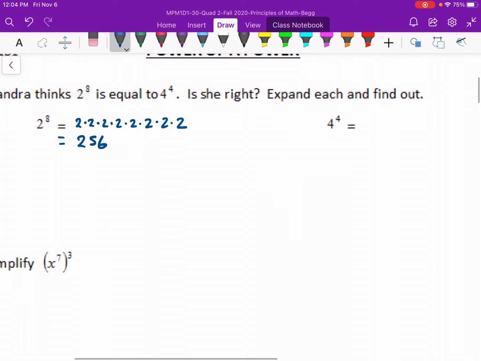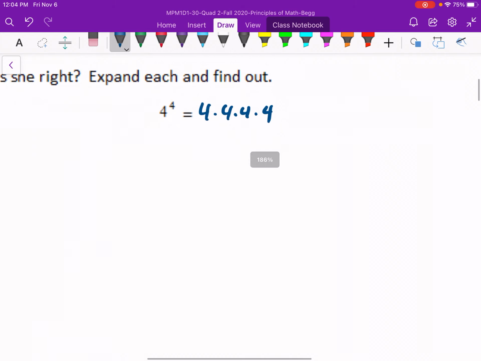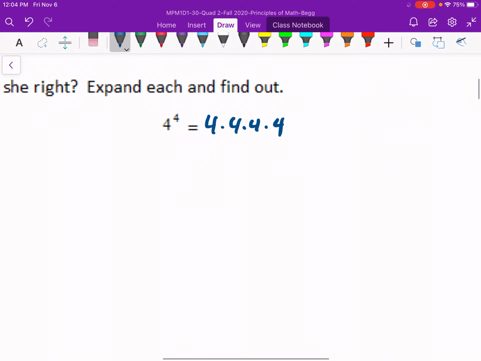4 to the 4, of course, is 4 times 4 times 4 times 4. This one I'm going to break down and do step by step so we can compare. 4 times 4 is 16, and we still have times 4 times 4. 16 times 4, so first I multiplied those two together, now I'll multiply these two together.